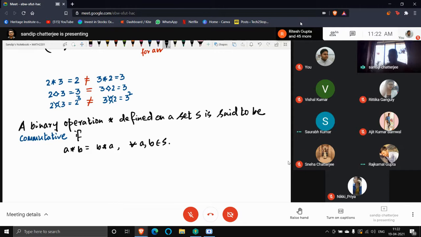Whenever you name a binary operation, see how I have written a binary operation star defined on a set S. So when you say addition, you have to say on which set you are defining addition. Is it okay? Whenever you say multiplication, or any other operation, you should clearly mention the set also.